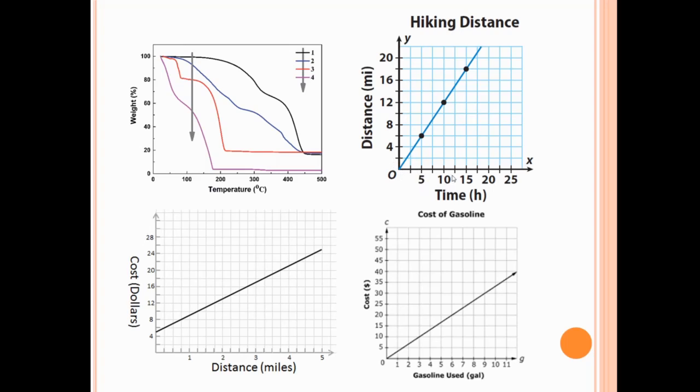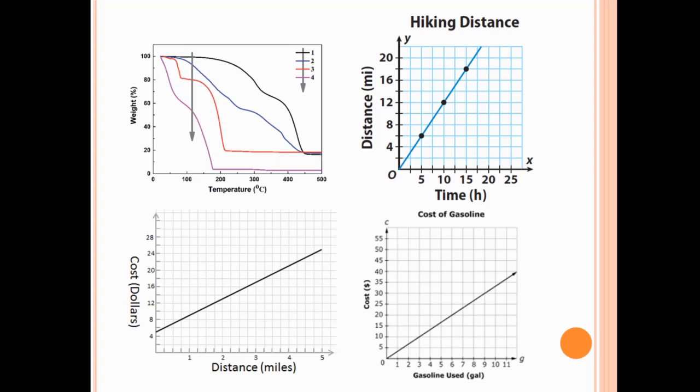Okay, so let's find out if we have a constant proportional ratio. How do we check that? We check the first point. The value of x is 5, and the value of y is 6. So write that down: 5, 6 will be our first ordered pair.